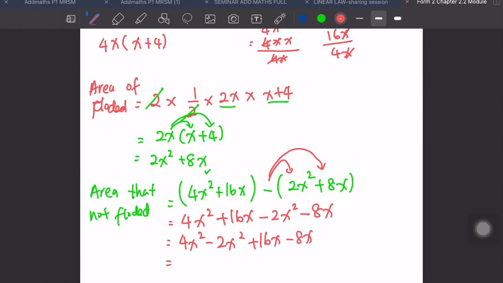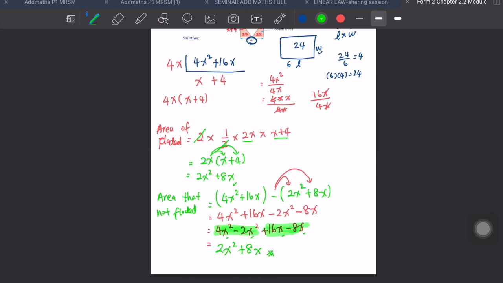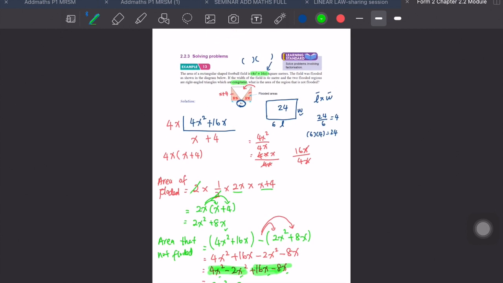Kita boleh simplify. Mana yang sama. x square sama, so kita tengok nombor dia saja, 4 tolak 2, 2. x sama, 16 tolak 8, 8. So plus 8x. So this is the area of not flooded. Mudah sahaja, tak susah pun.